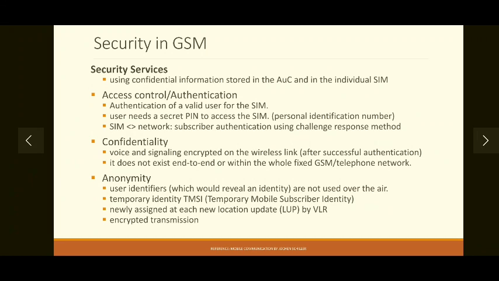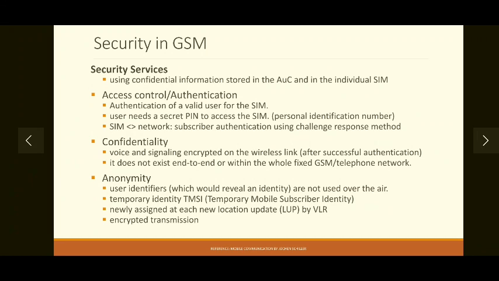Now in the authentication, two types of authentication happens, that is validating a person who is accessing a SIM card, and then validating a SIM card over the network. So to validate a person for accessing the SIM card, GSM provides a personal identification number which has to be entered to start using the SIM card.